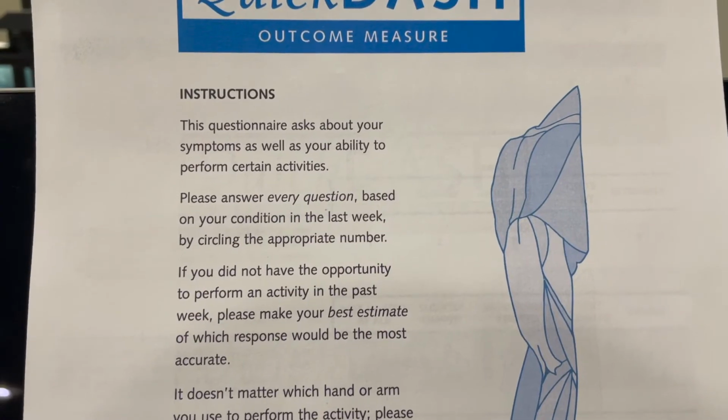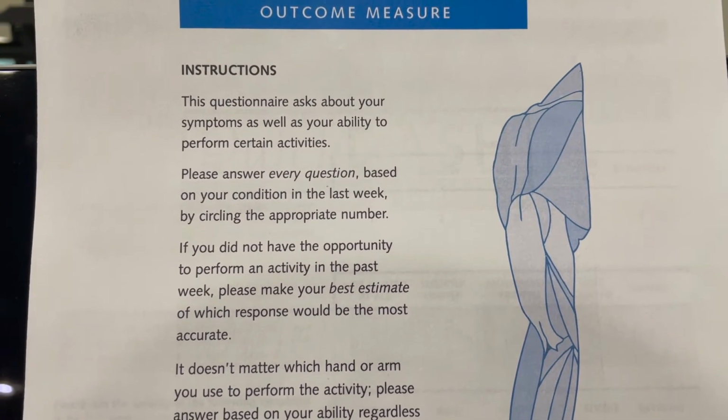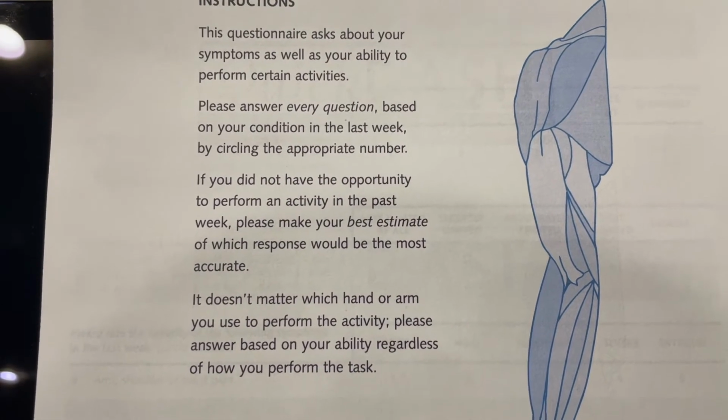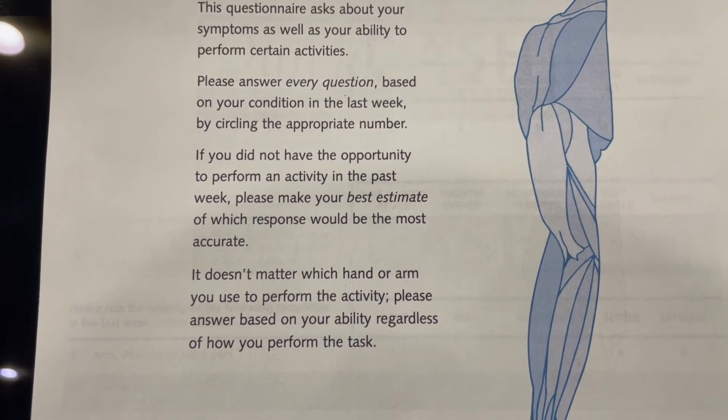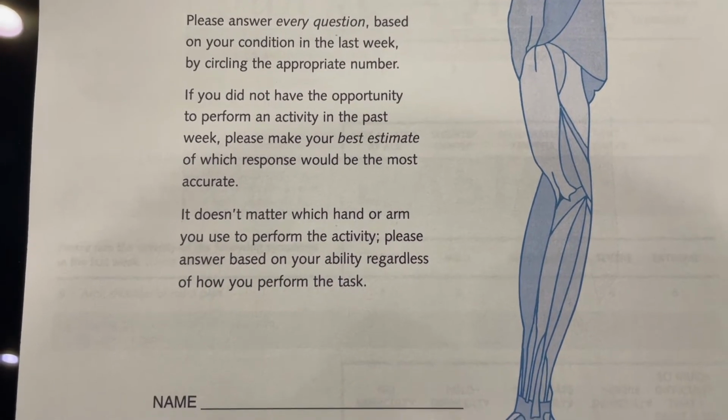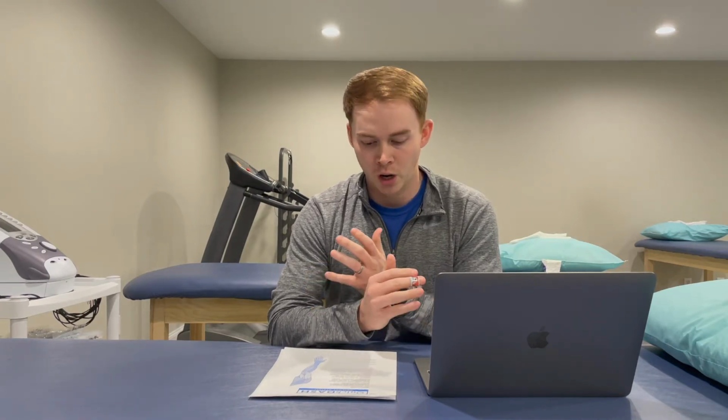We also tell the patients if you did not have the opportunity to perform the task or activity that it's asking about, then just give your best educated guess on how you would be able to perform that activity at this current point in time. And one more thing is we ask the patient to answer based on their ability to perform the task, and it doesn't really matter which hand they're doing it with.